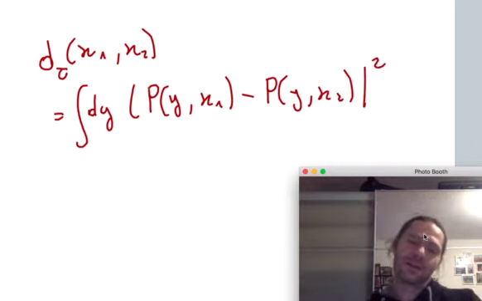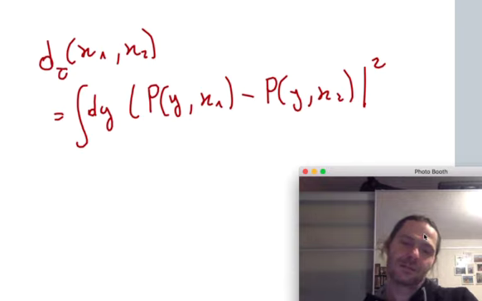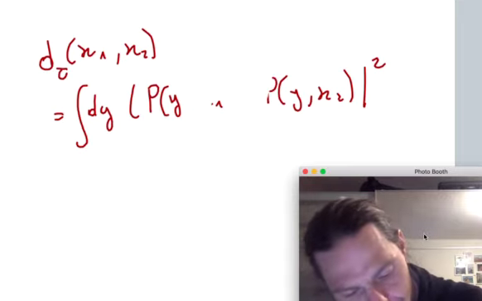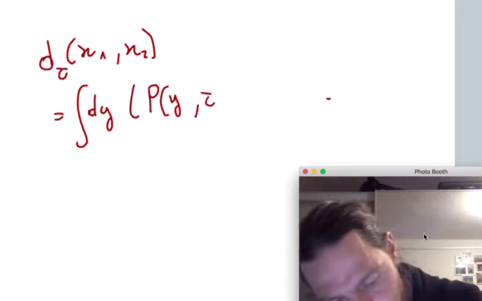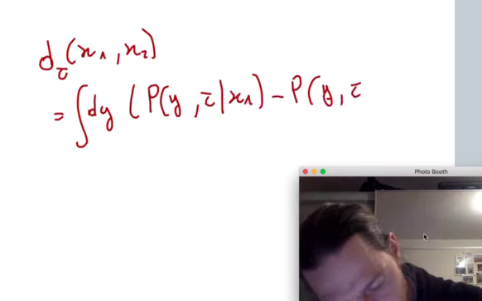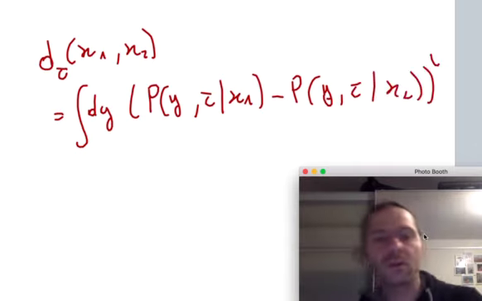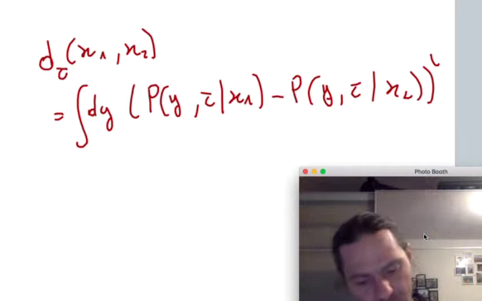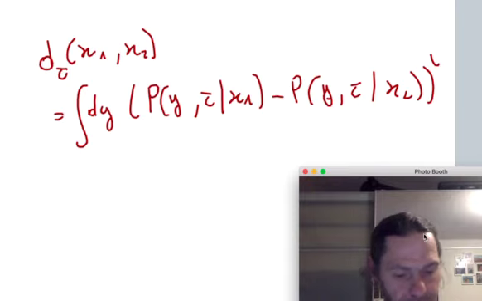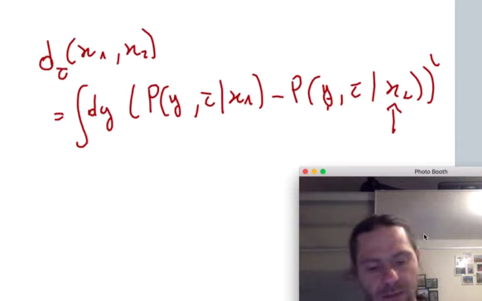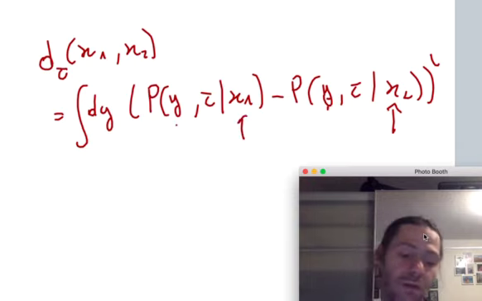Now, sorry, I'm missing a term. What this expression is giving me is a conditional probability, the usual Fokker-Planck conditional probability, to diffuse from point x2 to some point y, and this is the probability to diffuse from x1 to the same point y, integrated over y, in a time tau.